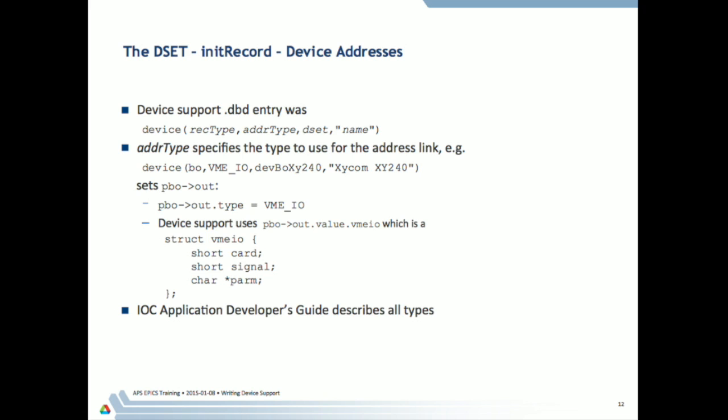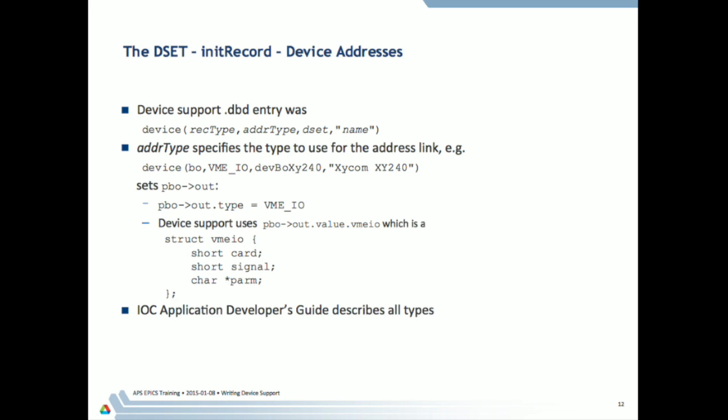So the device example here for the XY240, that second argument is VME_IO, and a VME_IO means that the binary output record's out field is actually a structure with a series of fields.